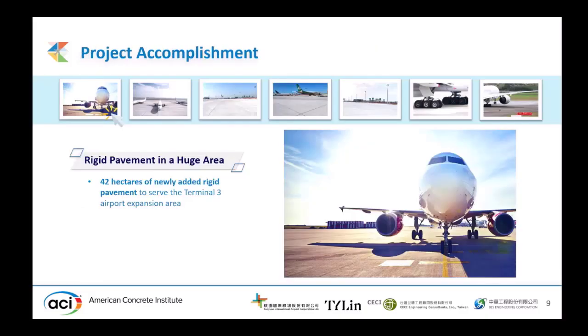Okay. Then let's quickly go through some features of this project. We have a rigid pavement over a huge area, that's 42 hectares.